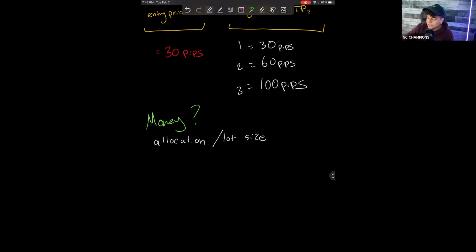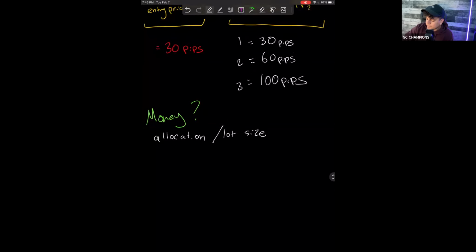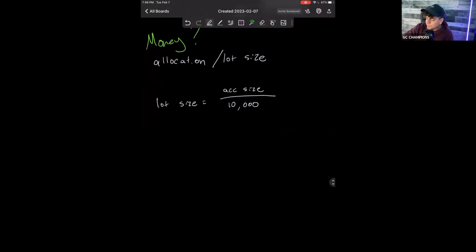And you could actually create your own chart with all these different things. So lot size equals account size divided by 10,000. Throw me 3 different account sizes.